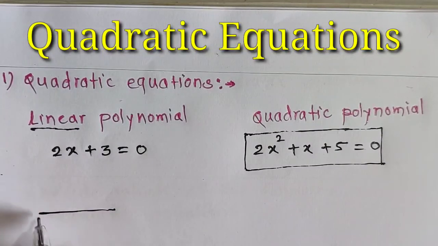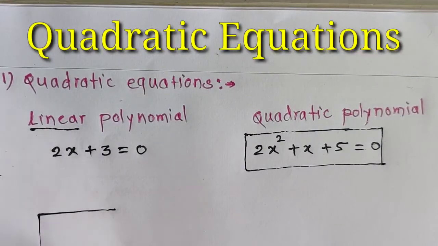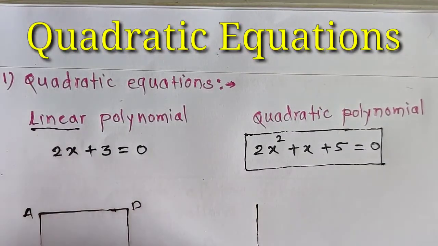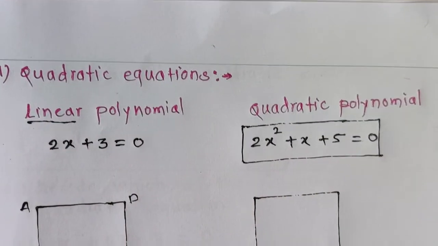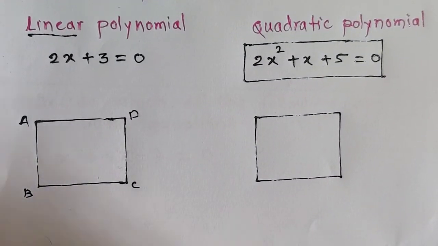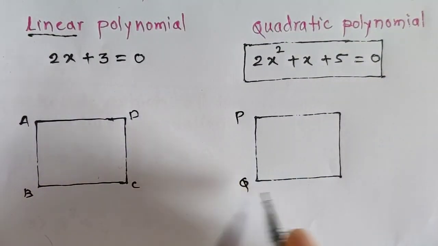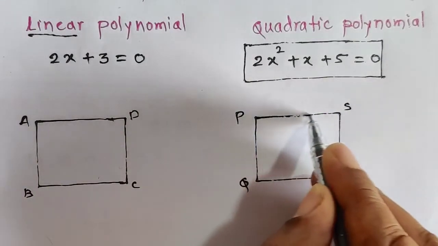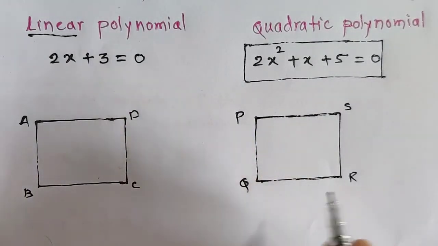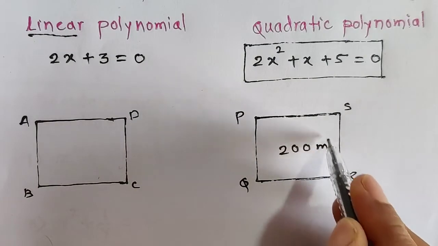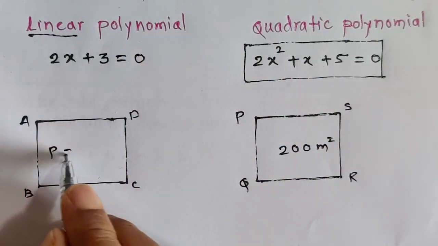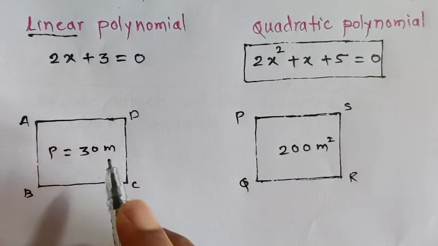Suppose this is a rectangular plot ABCD, and PQRS is another rectangular plot. Now the area of this plot is given as 200 square meters and the perimeter of this plot is given as 30 meters.